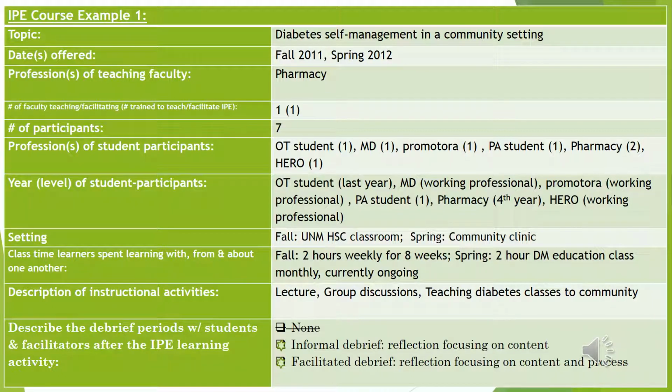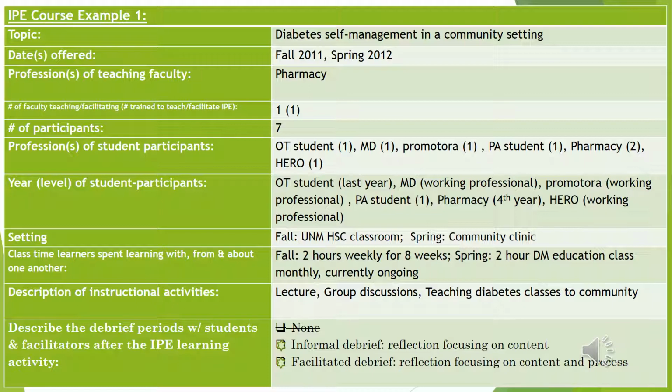This slide is a sample IPE course that we will use to evaluate with PIPES. In order to complete the PIPES rubric, we are going to need to focus our attention more specifically on the professions of the teaching faculty, the number of faculty teaching, and also the number of those faculty that were trained to teach or facilitate IPE.